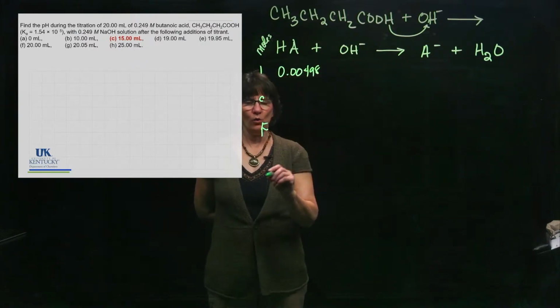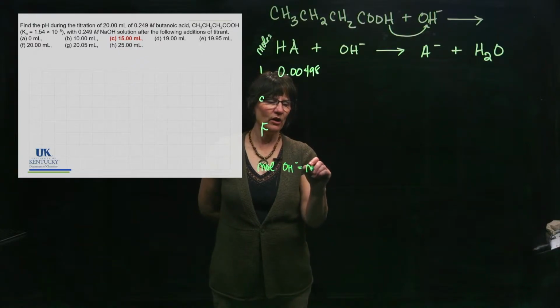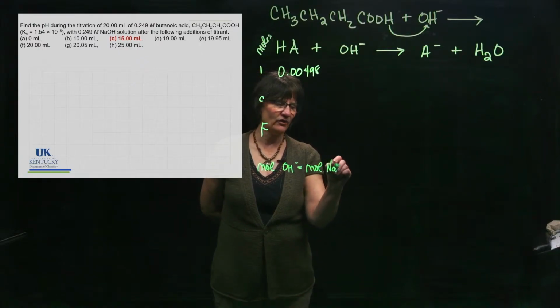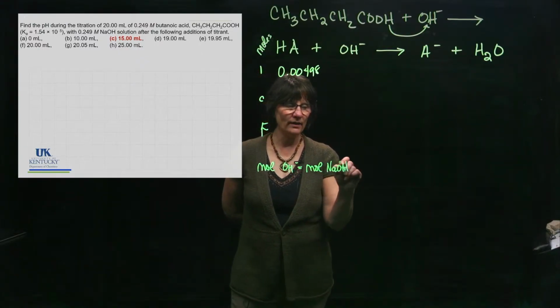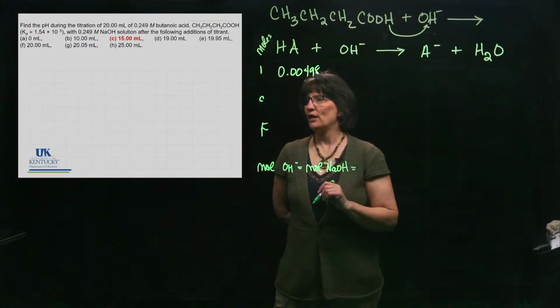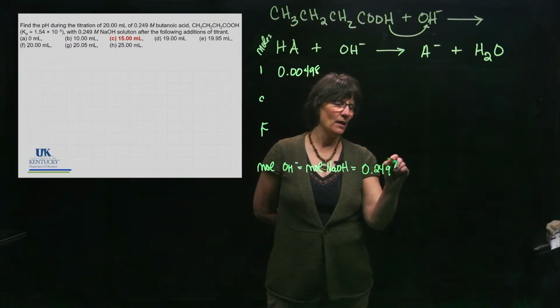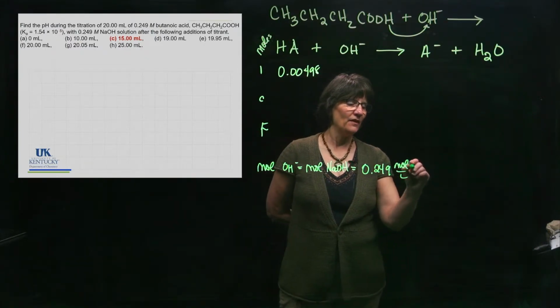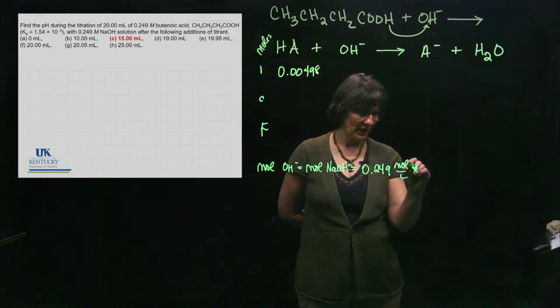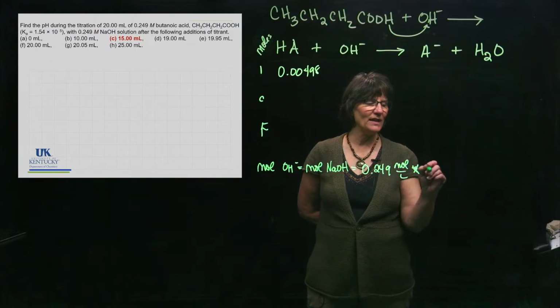To get the moles of the hydroxide, it will come from the moles of sodium hydroxide. Every time you have one sodium hydroxide, you're going to have one hydroxide. So we can use the information about this. It's 0.249 moles per liter, but in this case, we're going to multiply by how many liters of the base we now have.